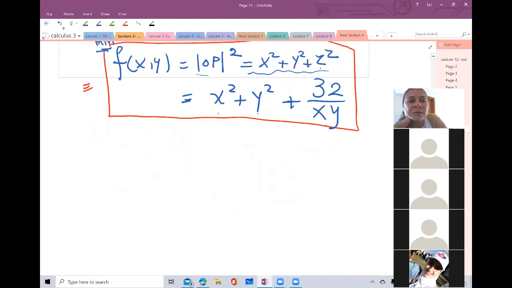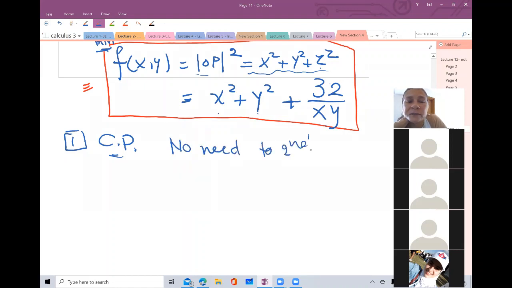It asks me to find the minimum value for this function, x squared plus y squared plus 32 over xy. Do I need anything else? No, that's it. How to locate the minimum? Go get your critical points. Right? I'm going to go get my critical points, and sometimes I don't even need to do a second derivative test, as we see from this problem.